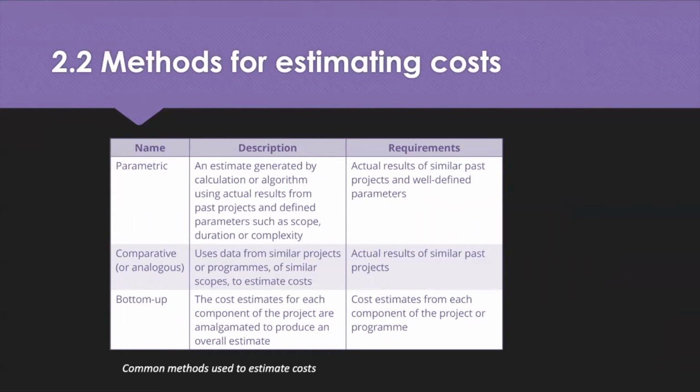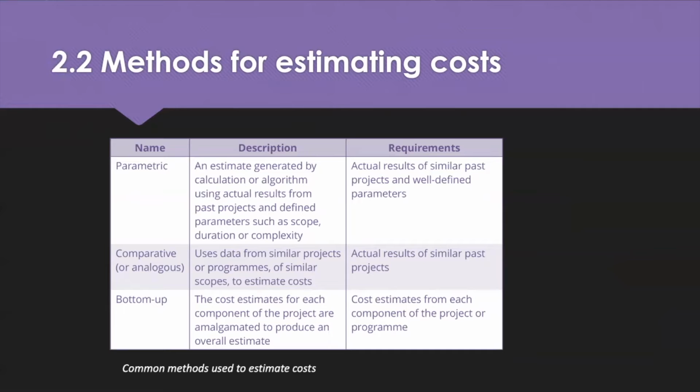So we're now going to look at estimating budgets for projects. The success of a programme depends on each of its constituent projects being managed and executed well. Now, three commonly used methods for estimating costs: firstly parametric, which is an estimate generated by calculation or algorithm using actual results from past projects.